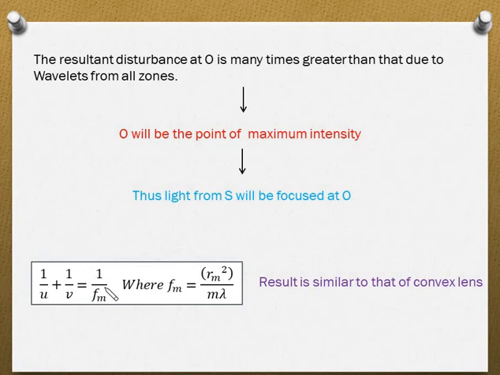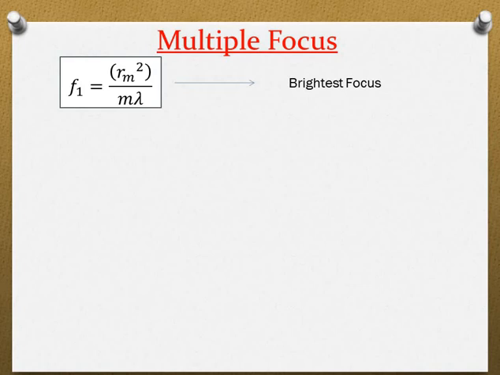The first difference is that a convex lens has a unique focus, but a zone plate has multiple foci. So what is multiple focus here? Let's call this quantity f1, and this is the brightest focus.